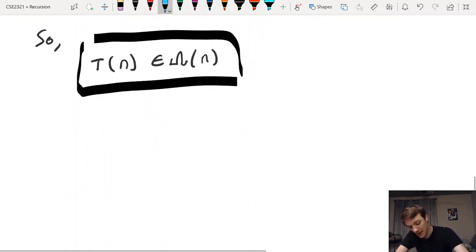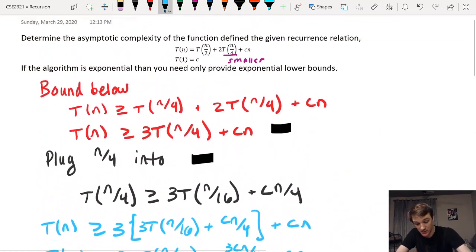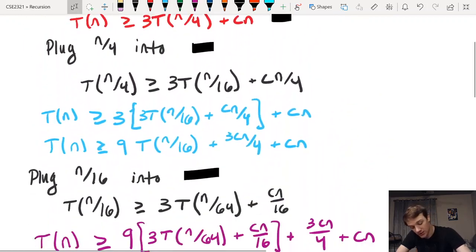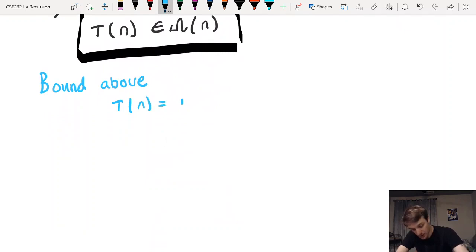So we still need to bound this above. To bound it above, we're going to take the original equation, t of n equals t of n over 2 plus 2t of n over 4 plus cn. So let's write it down again. Equals t of n over 2 plus 2 t of n over 4 plus cn.